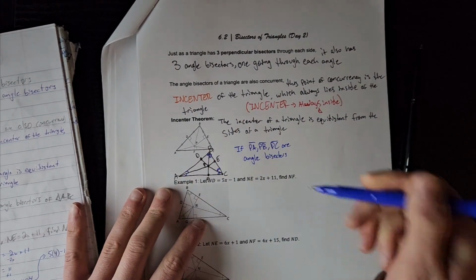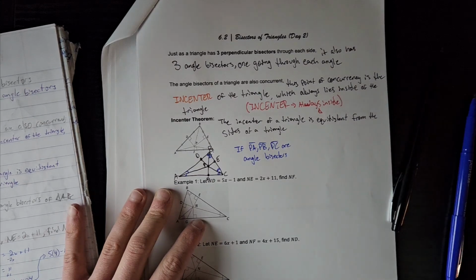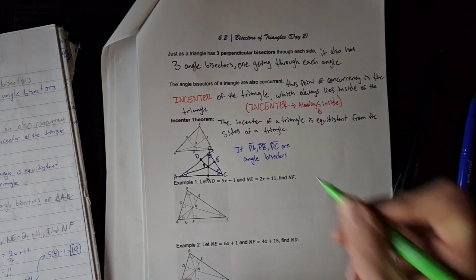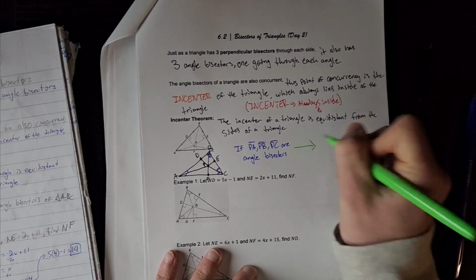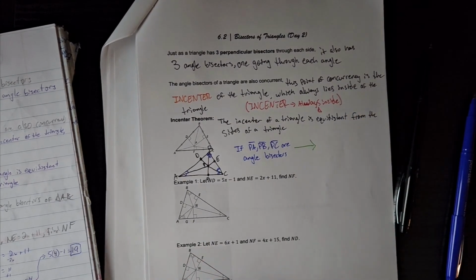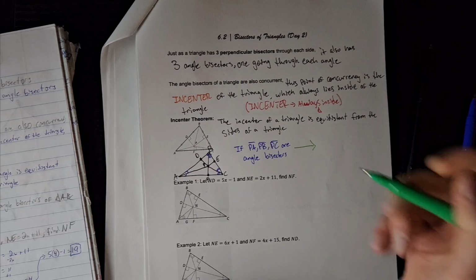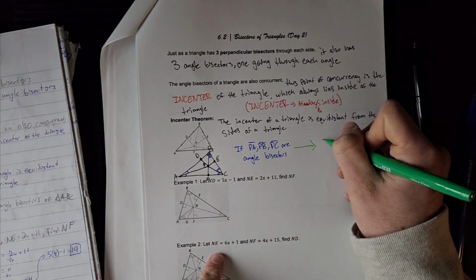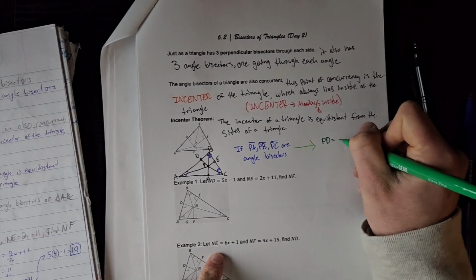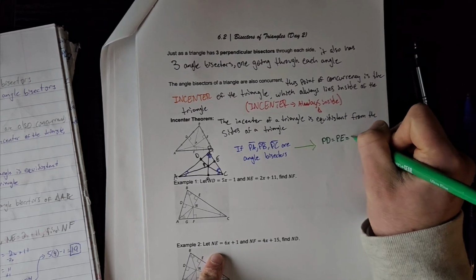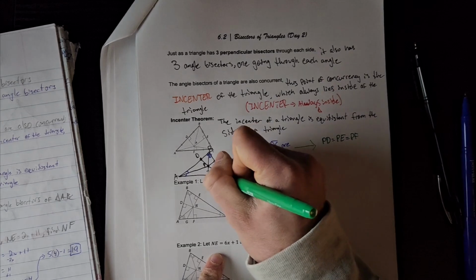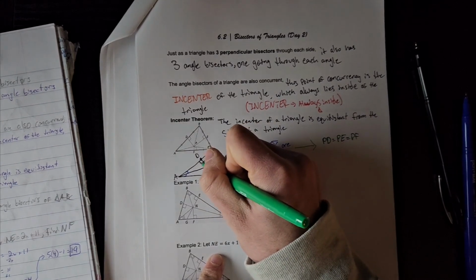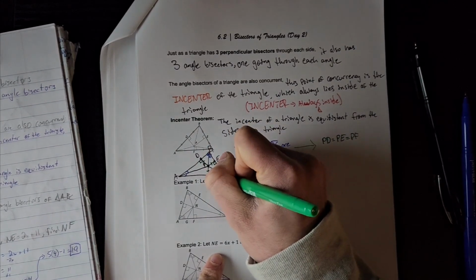If this is happening, oh, I don't like that green. We need a darker green. Then PD is equal to PE, which is also equal to PF. Also, these are perpendicular.